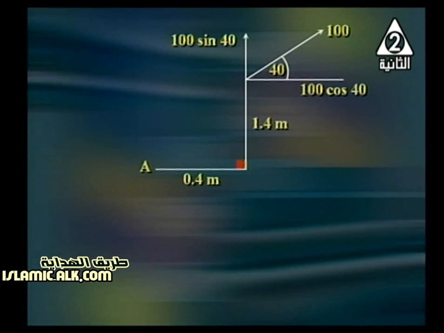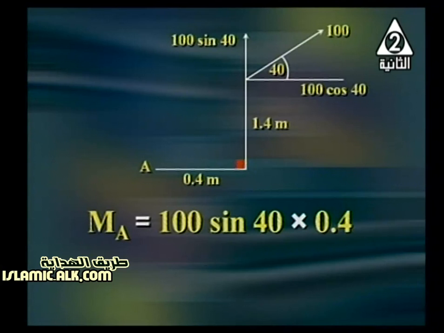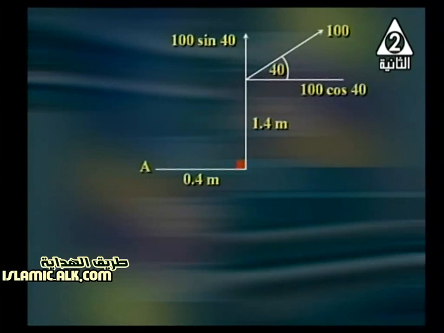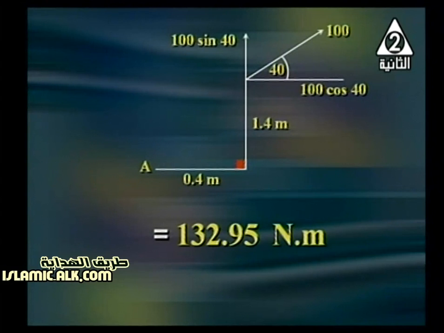We multiply 100 sine 40 times 0.4 on the x-axis plus 100 cosine 40 times 1.4. The answer is 132.95 Newton meter. This is the moment about the point O.